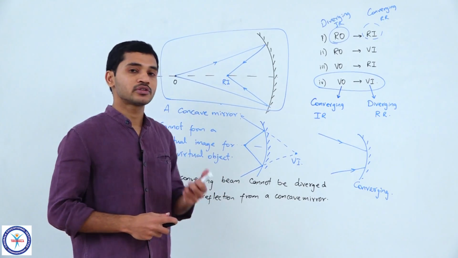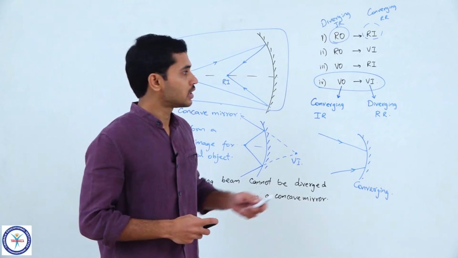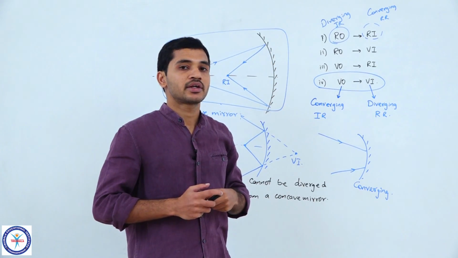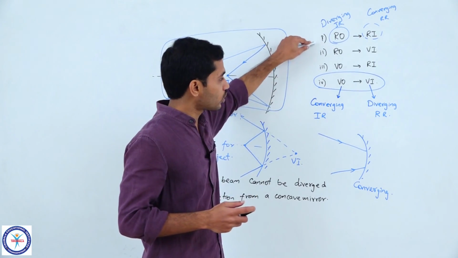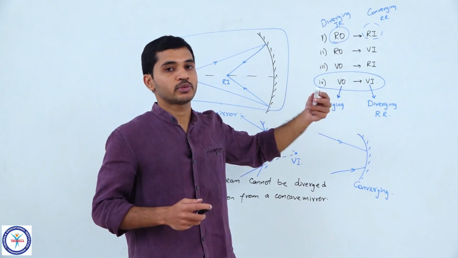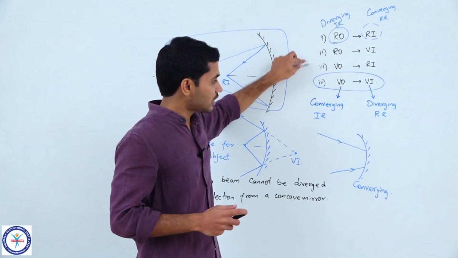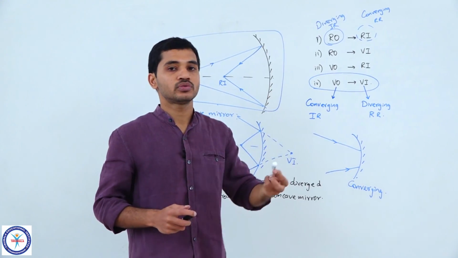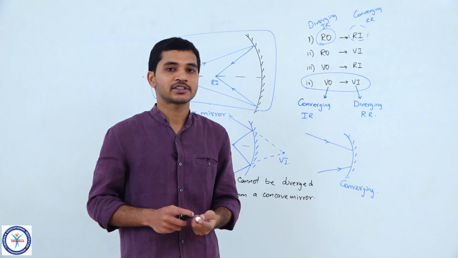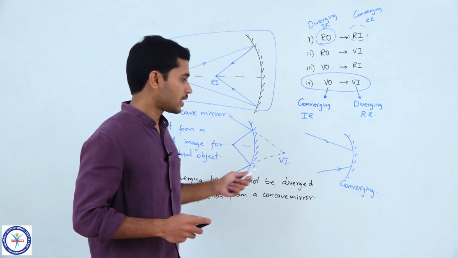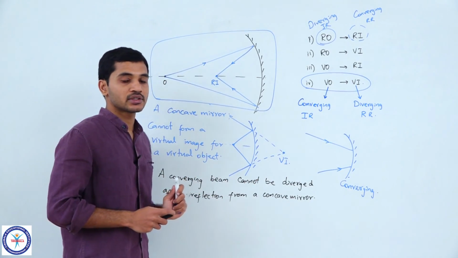In the same manner, you can also think for a convex mirror. I want you to write down a scenario like this, right, and try to think about which of these 4 cases is not possible for a convex mirror. Even a convex mirror can do 3 of these 4 and it cannot do one of those 4. I will give you the answer for that. I want you to make a similar kind of analysis and write down a similar kind of reason in your notes.